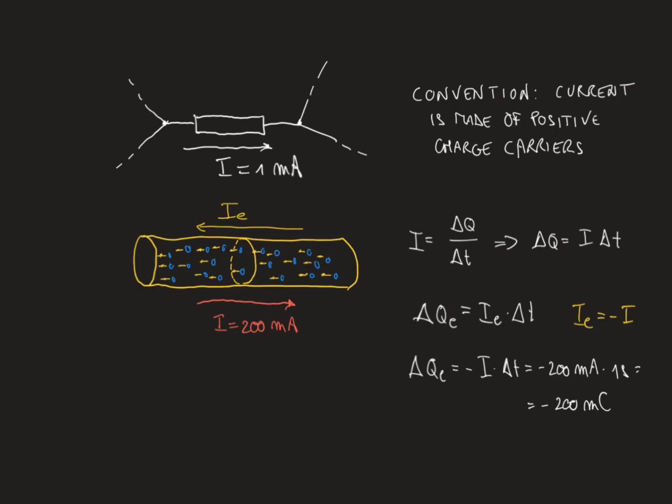Recall that the electron charge is minus 1.6 times 10 to the minus 19 coulomb. So eventually, the number of electrons passing through the section of the conductor in 1 second will be N sub e equal to delta q sub e divided by the charge of the electrons.